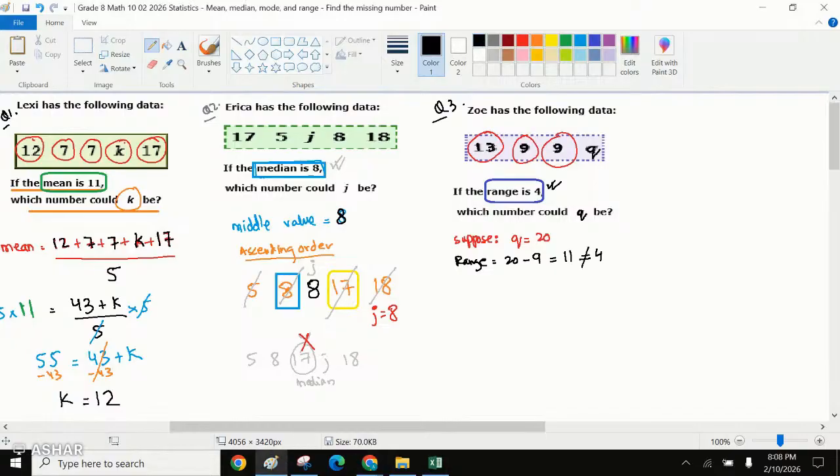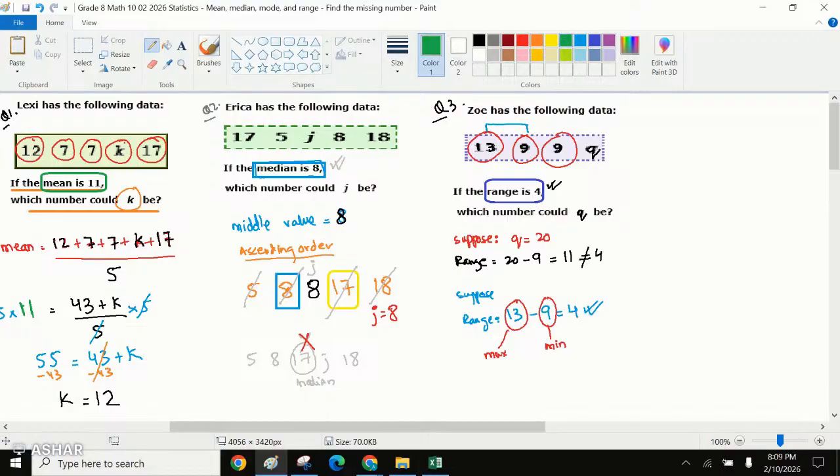What we can do is, we can see over here is 13 minus 9. Let's suppose the range is 13 minus 9, that is equal to 4, right? Agreed? So we know that the maximum number has to be 13 and the minimum number has to be 9, right?